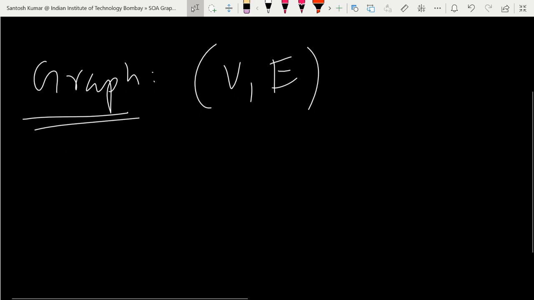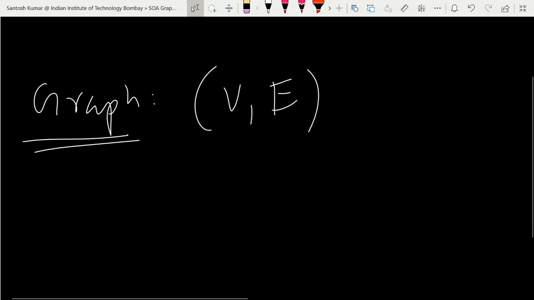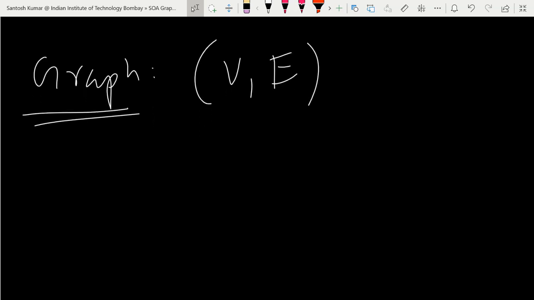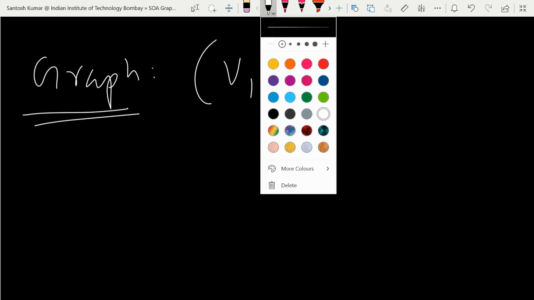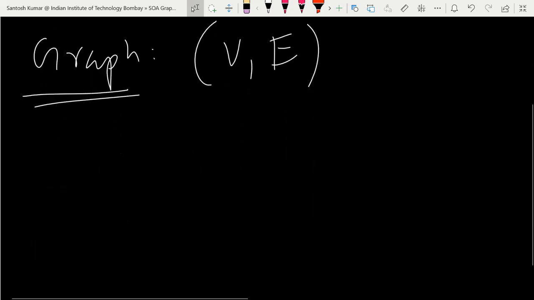So, in the book language, like the book you follow, I think it is DB West, right? The author is Introduction to Graph Theory. So if you write the definition of graph in terms of that book, you are already familiar, I think.